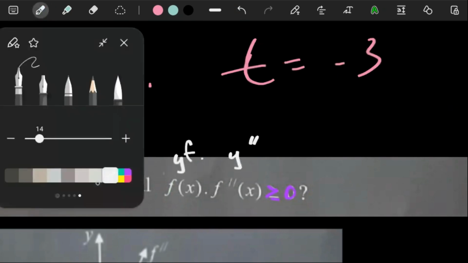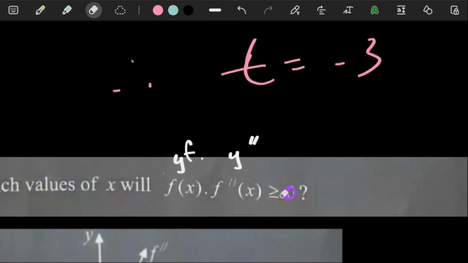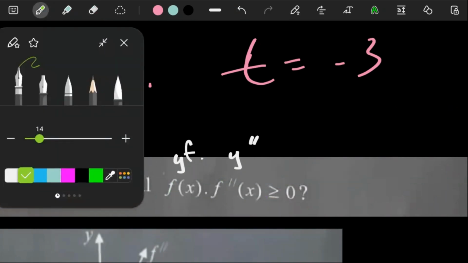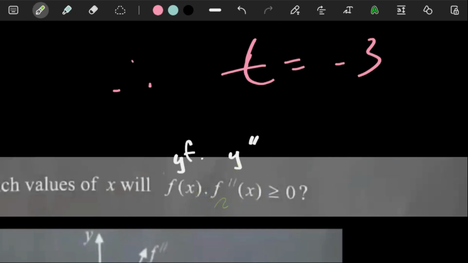The question is literally asking, if you're going to multiply these two together, where will you have the expression being a positive number or a number that is equal to 0?